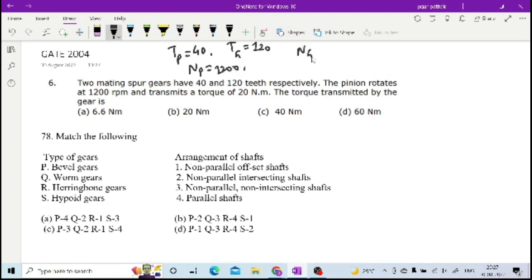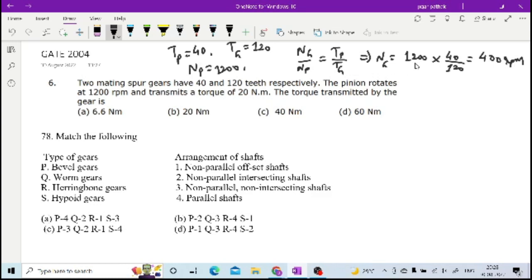So Ng by Np is Tp by Tg. So Ng is equal to Np, 1200, into Tp, 40, by Tg, 120. So you will get 400 rpm as your speed of gear.